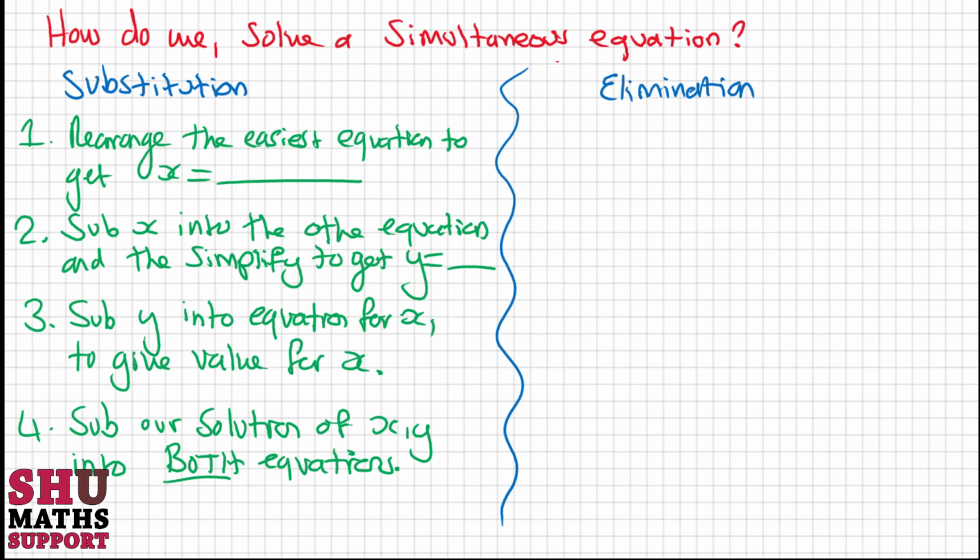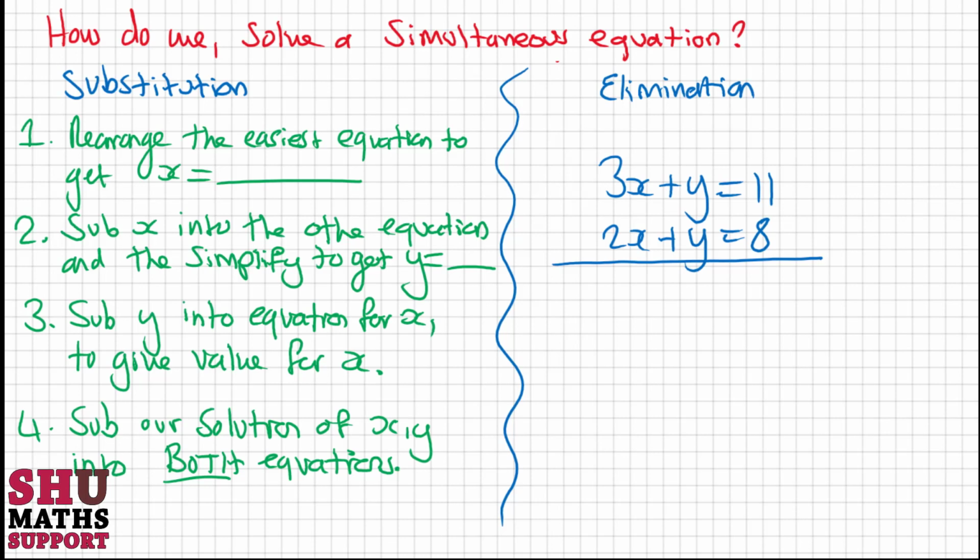So for example, say if we have something like 3x plus y is equal to 11, and we also have 2x plus y is equal to 8, then what we're able to do is just draw a line underneath, and then we choose one of the variables. So let's choose y in this case, because both y variables are just one y. So what we have to say to ourselves is, how do we eliminate y?